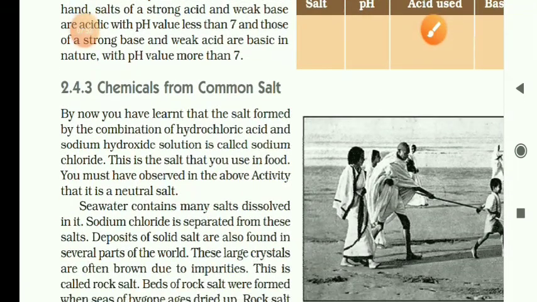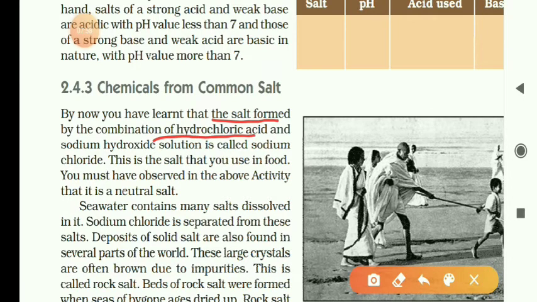You know that common salt is formed by the combination of hydrochloric acid HCl and sodium hydroxide NaOH. The solution is called sodium chloride. This is the salt that we are using in the food. You must have observed in daily activity that this one is a neutral salt also.